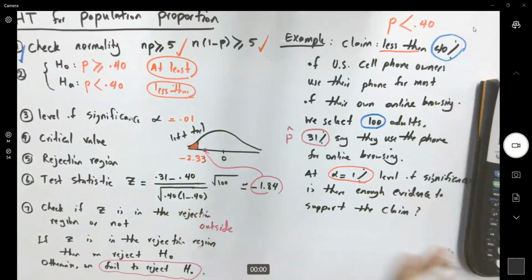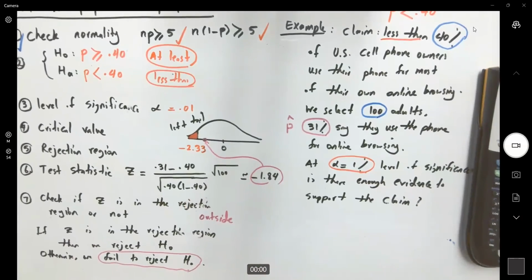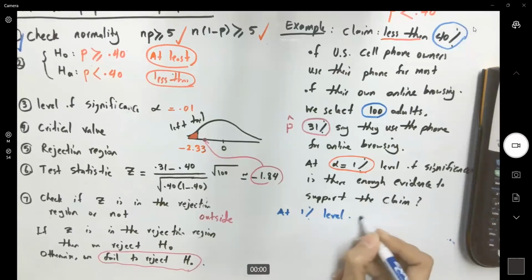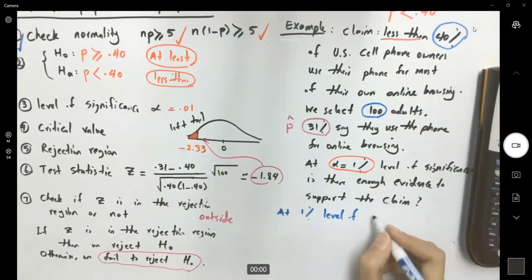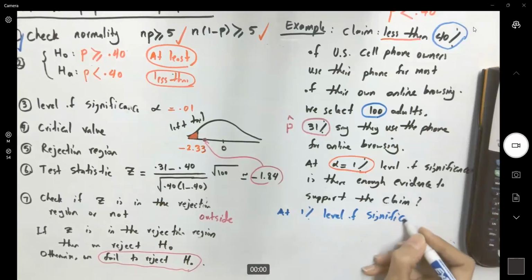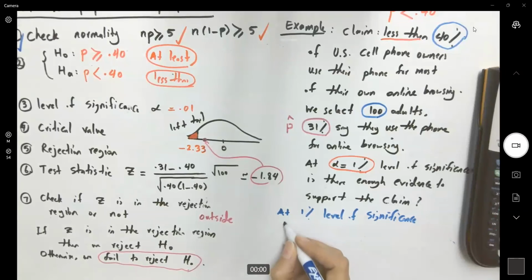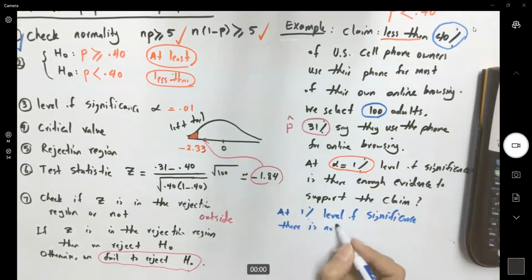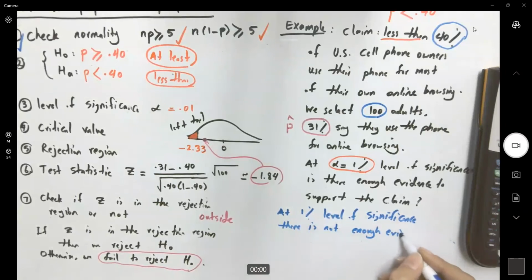What's the meaning of that? It means that at 1% level of significance, there is not enough evidence to support the claim.